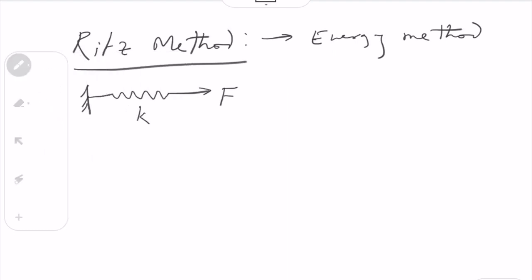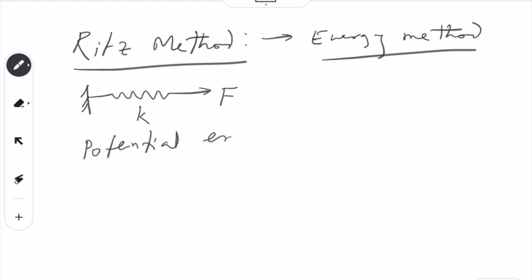Here in this case we are going to start with some sort of energy formulation. There is something called potential energy. Let's call it phi(x), given by strain energy, which in this case is half k u square, minus work done, F times u.